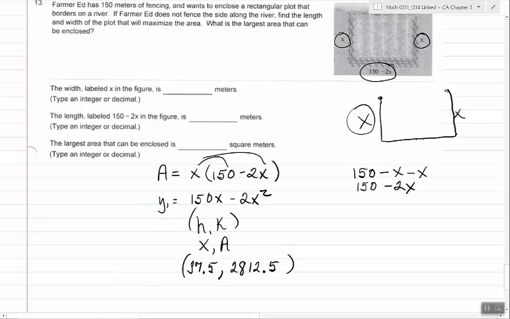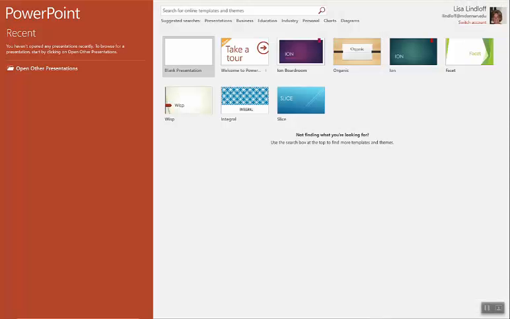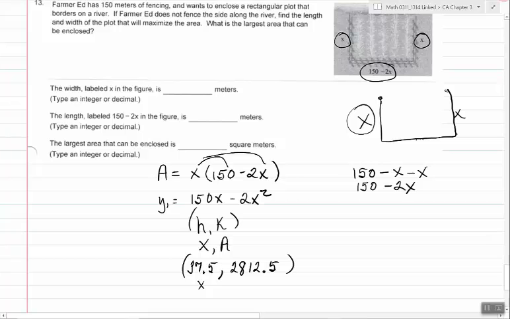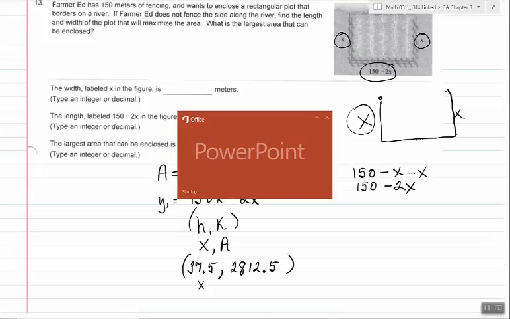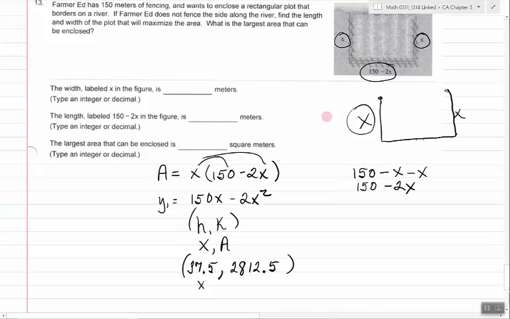Now let's see about answering the questions. I have this, but what do I have? This is the width. It's X. Okay. The picture told me to use X there. Oh my goodness. It is 37.5.